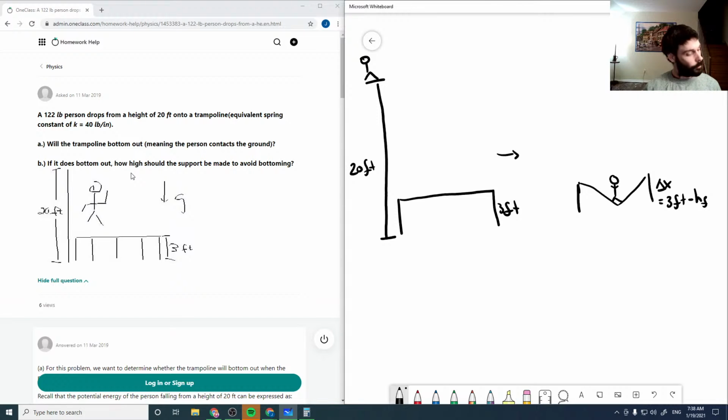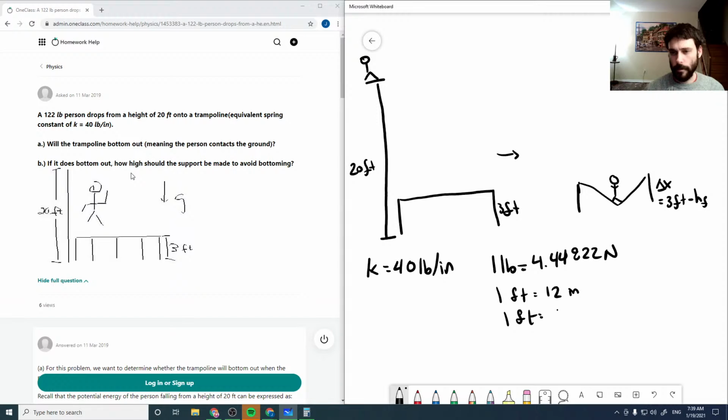Okay, so first of all, we need to do some unit stuff here. We're given our K as 40 pounds per inch. So a force pound is 4.4482 newtons. A foot is 12 inches, and a foot is 0.3048 meters.